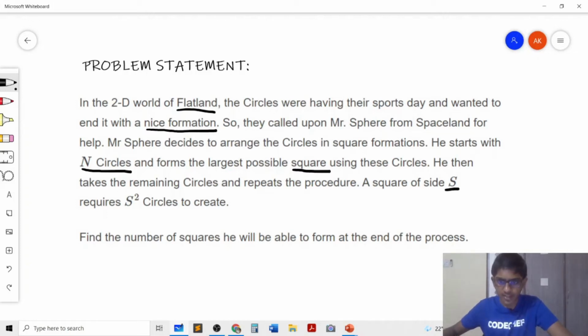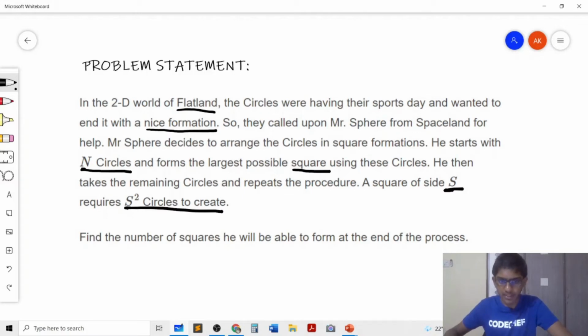A square of side s requires s squared circles to create, and we basically need to break down these n circles into s squared circles, and this means that a square of side s has been formed. s is the maximum possible length for a square, so we always need to choose an s which is maximum, and s squared is less than or equal to n.